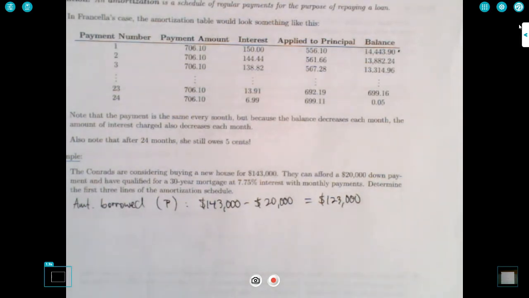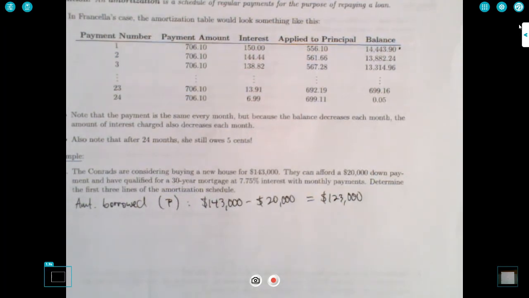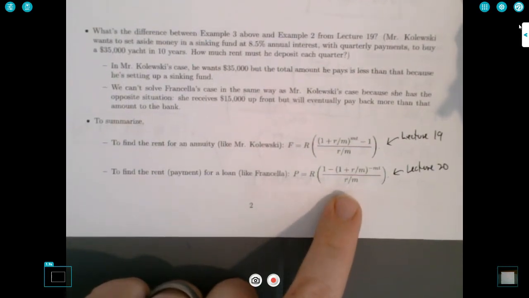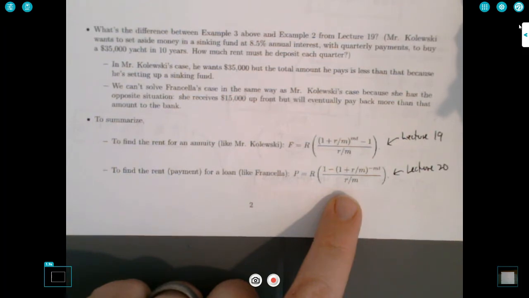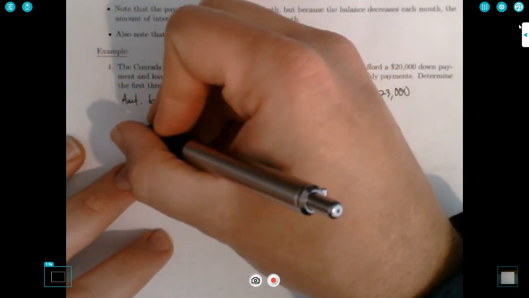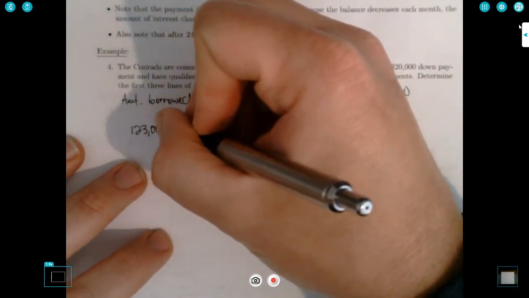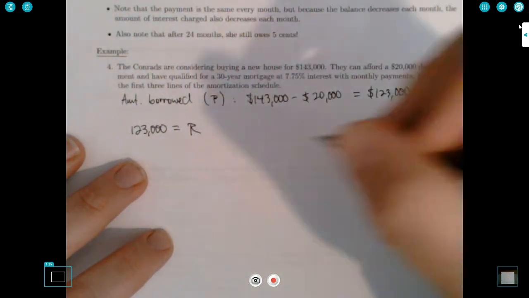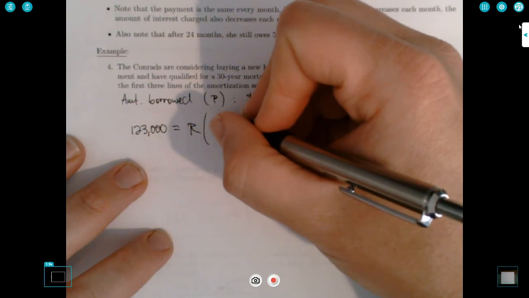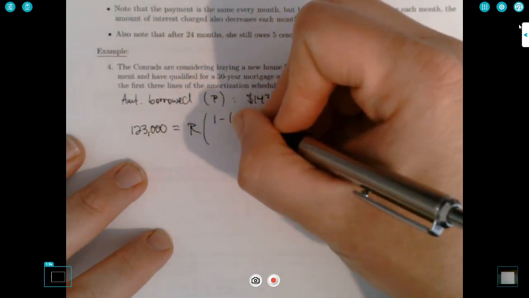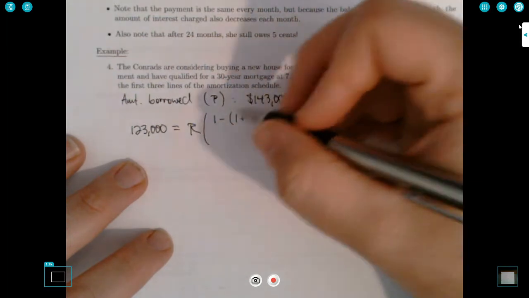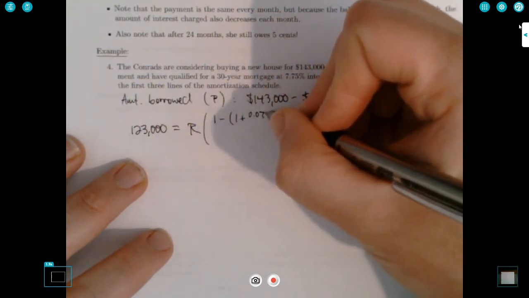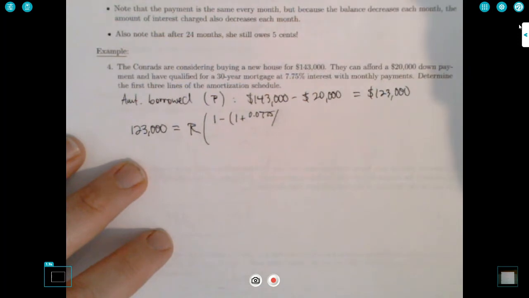So to figure out the payment, again, the formula that we're going to use is this one, right? P equals R times 1 minus 1 plus R over M to the negative MT, over R over M. So we're going to say 123,000 equals R, which we don't know, times 1 minus 1 plus the interest rate, 0.0775, divided by number of times it's compounded per year.